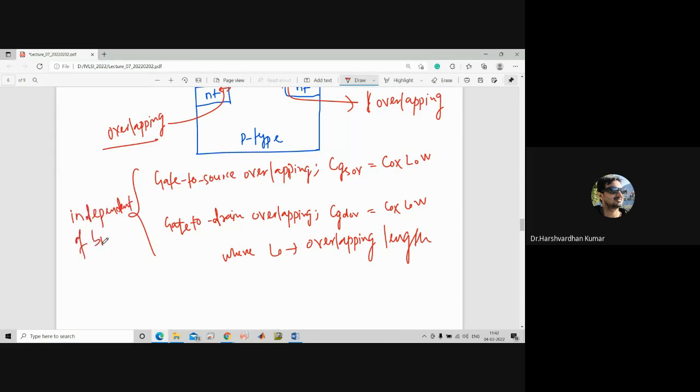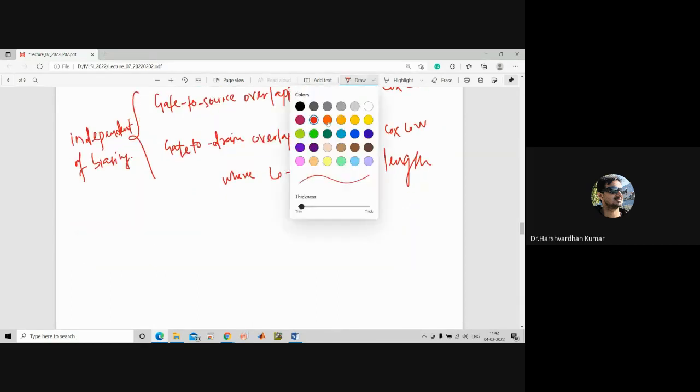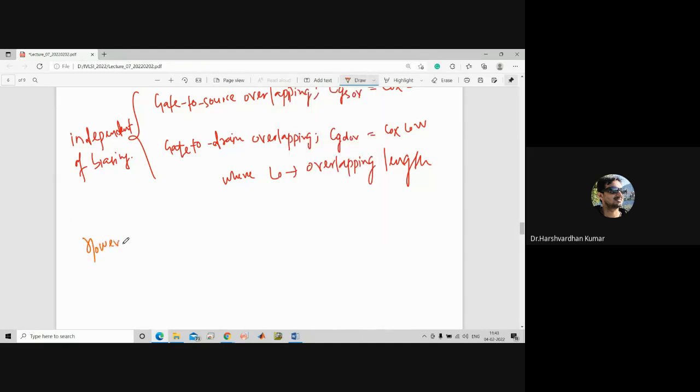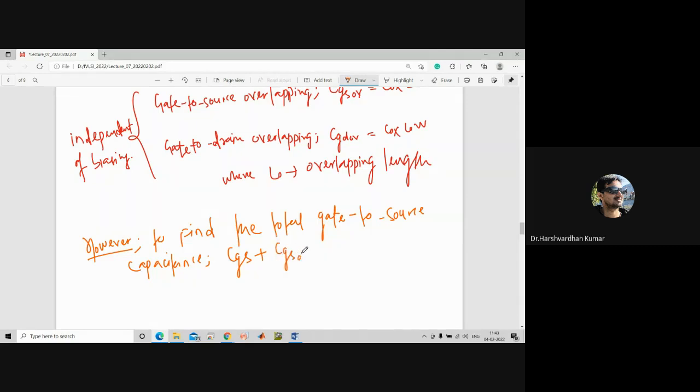However, if you are interested in finding the total gate to source capacitance, that is CGS, the result will be CGS plus CGS overlapping.